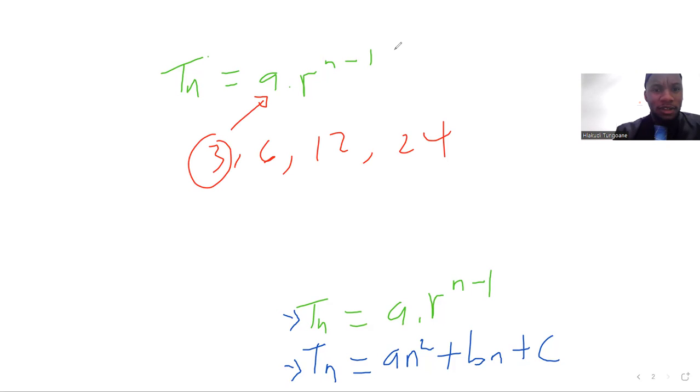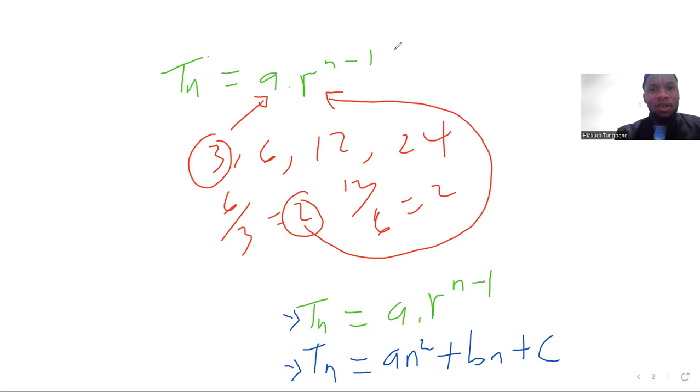That will be 6 over 3, which is 2, and 12 divided by 6 is also 2. So that's your R, and that's what you substitute. Once you know A and R, you know your general term formula for your geometric sequence.